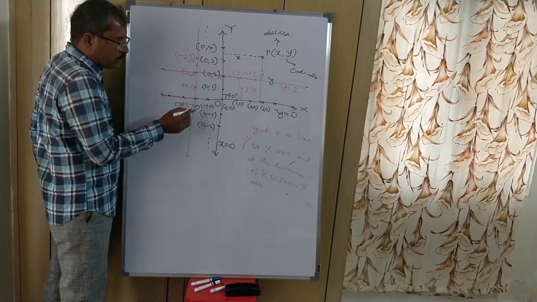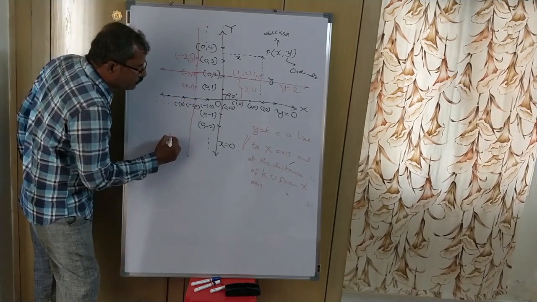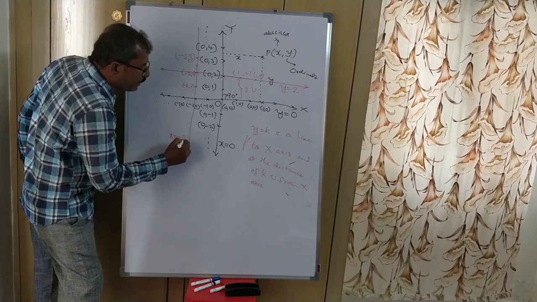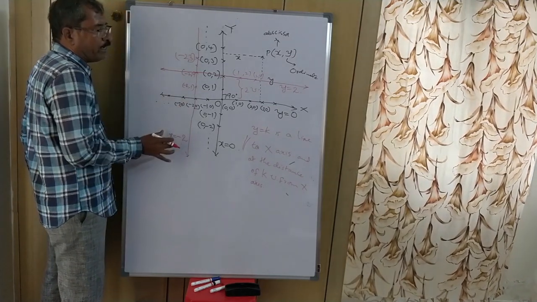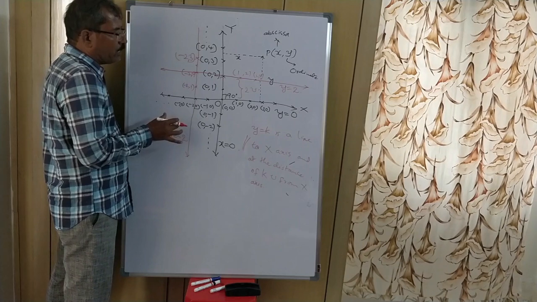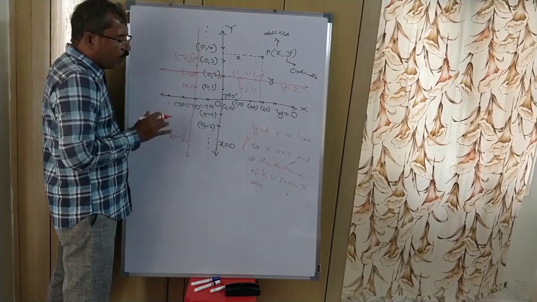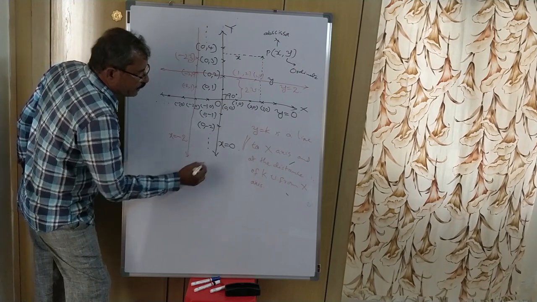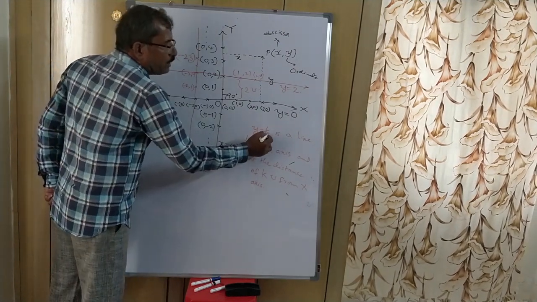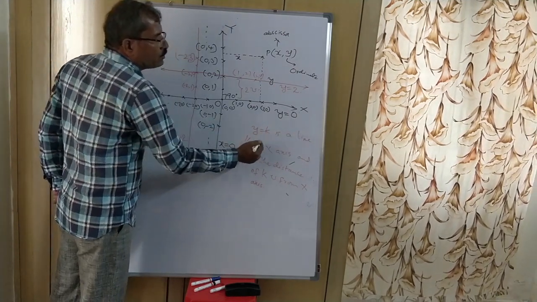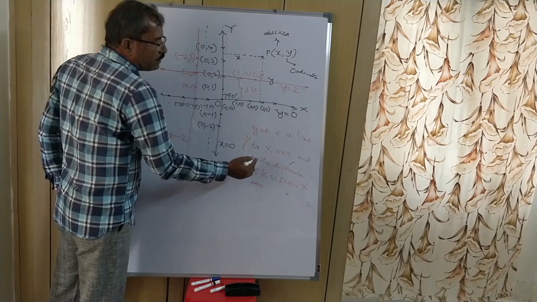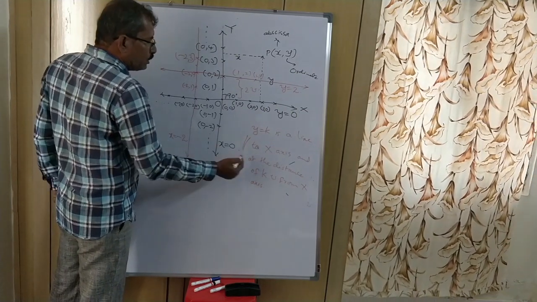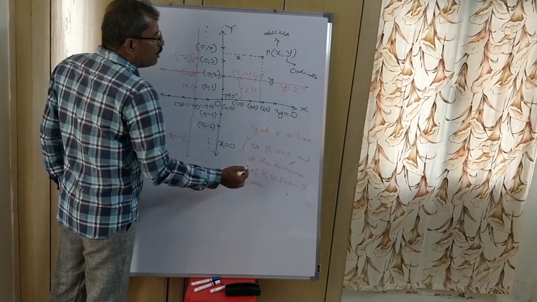So x is equal to minus 2 is the vertical line. It is parallel to the y-axis. So x is equal to k is a line parallel to the y-axis and at a distance of k units from the y-axis.